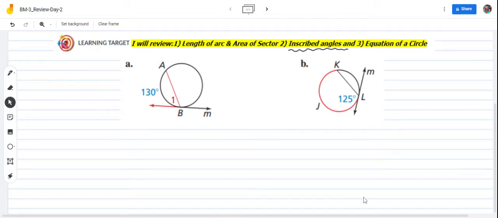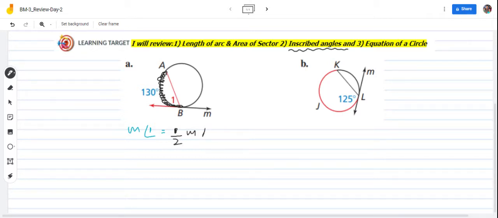Okay, so how to solve this question? Actually, measure of angle 1 equals one half of the measure of, please remember this is the universal rule, the measure of whatever the arc value is given.